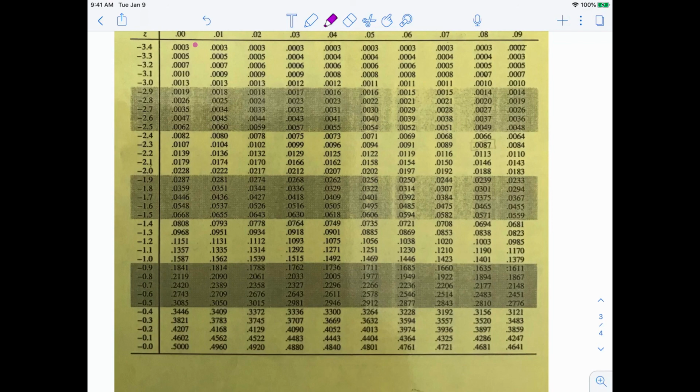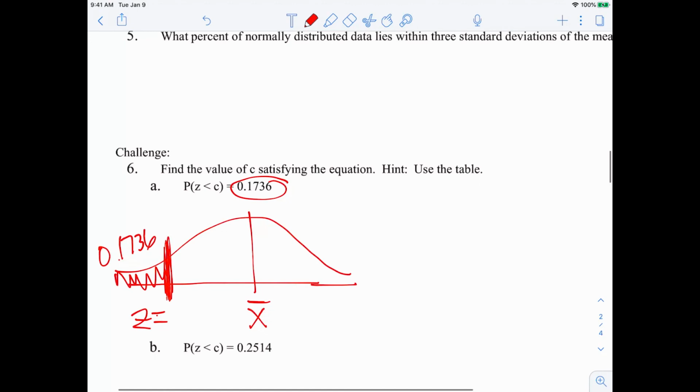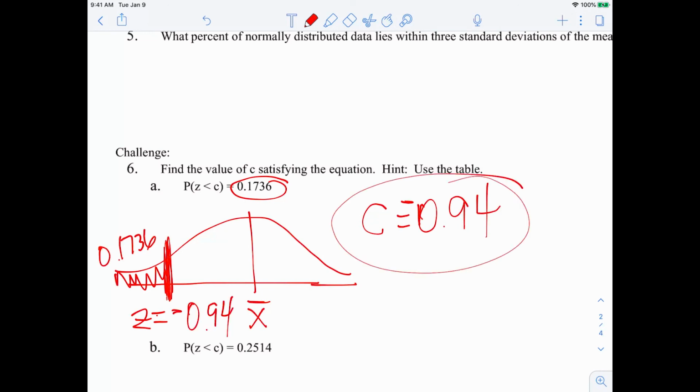I see 0.1s around here, and then I see a 0.1788. 0.1736 is right there. So if I use that and I go over, I get a negative 0.94. So that means that C is equal to a negative 0.94. So that's my final answer.